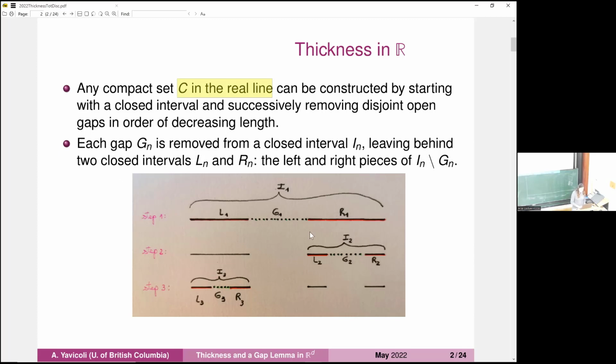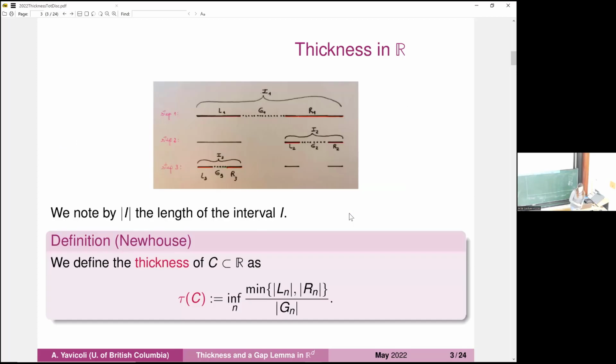And in this way, we can define a notion of size of the set depending on the proportion of these lengths. To be more specific, the same picture is here. Newhouse defined the thickness of the compact set as the infimum over all the quotients of the length of L over the length of the gap that is next to it, and the length of R over the length of the gap that is next to it.